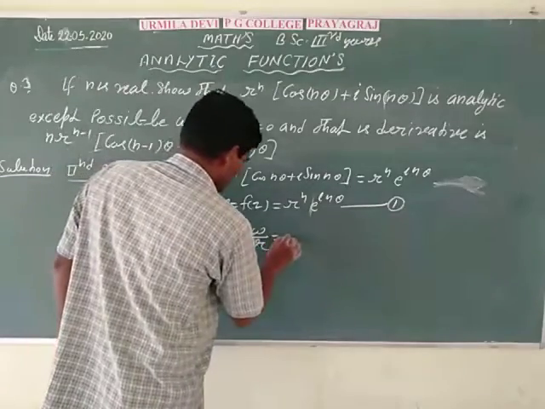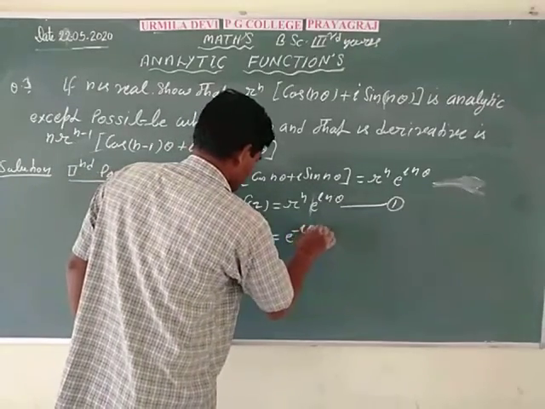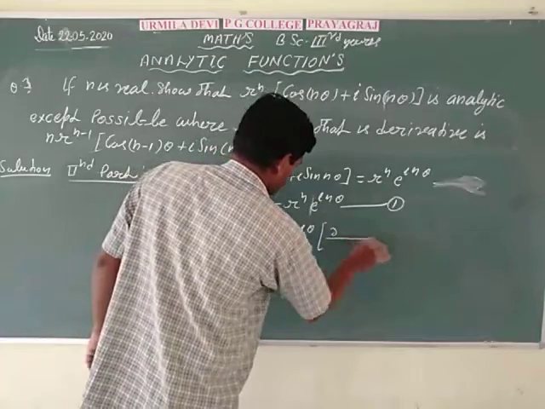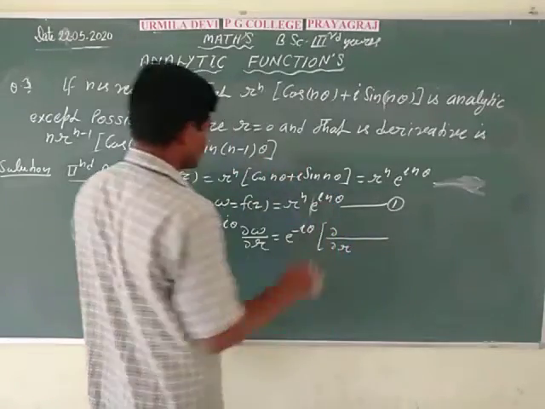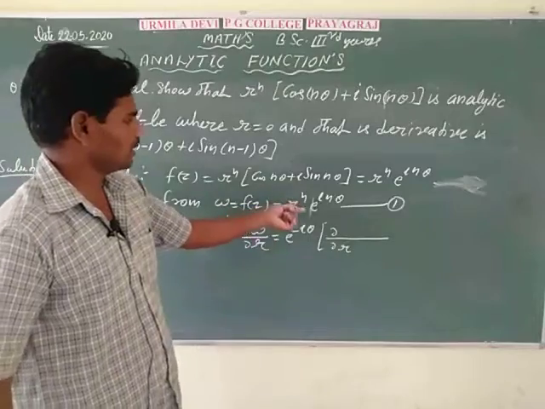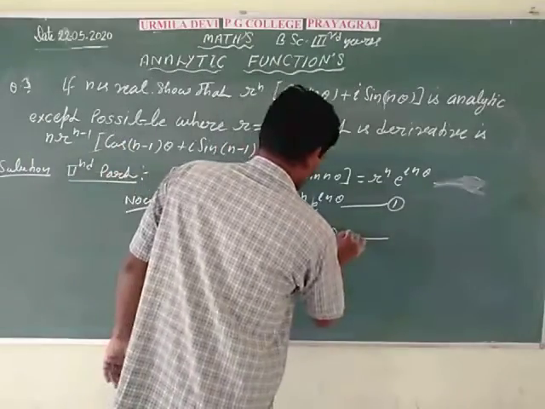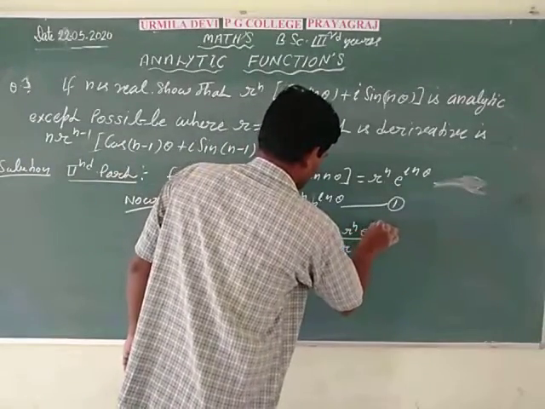Here, putting e to the power minus i theta times del by del r of w, where w is equal to r to the power n e to the power i n theta.